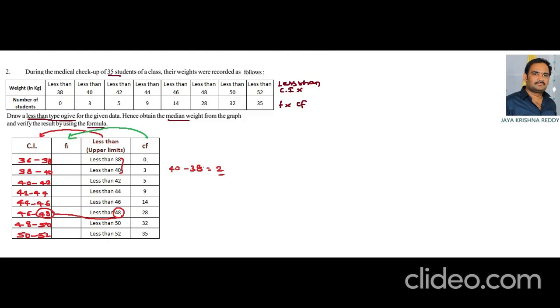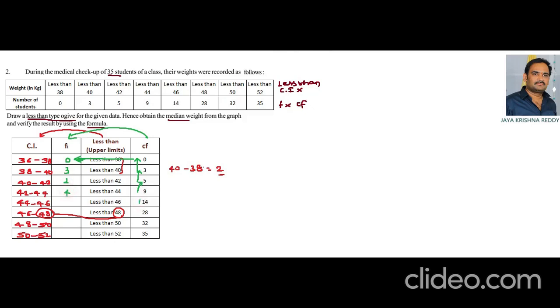The first cumulative frequency value should be written as it is in the frequency column, that is 0. And next, the second value is 3. Subtract 0, the preceding one, from 3. 3 minus 0, write the result 3 here in the frequency column. And next one, 5 minus 3, so it is 2. And next, 9 minus 5, it is 4.